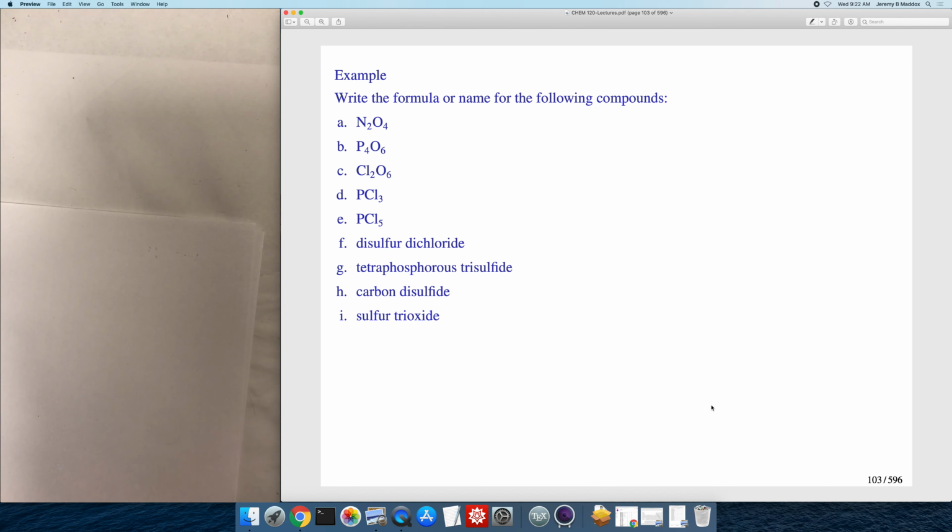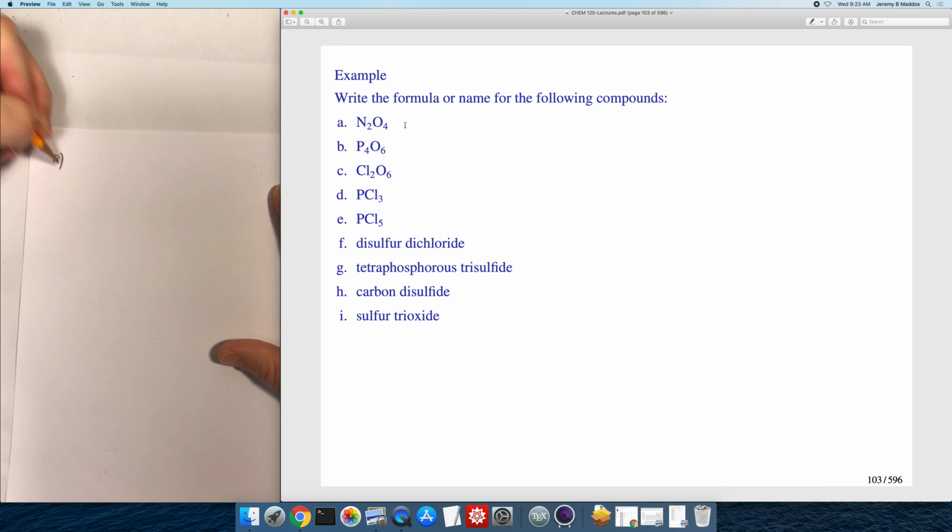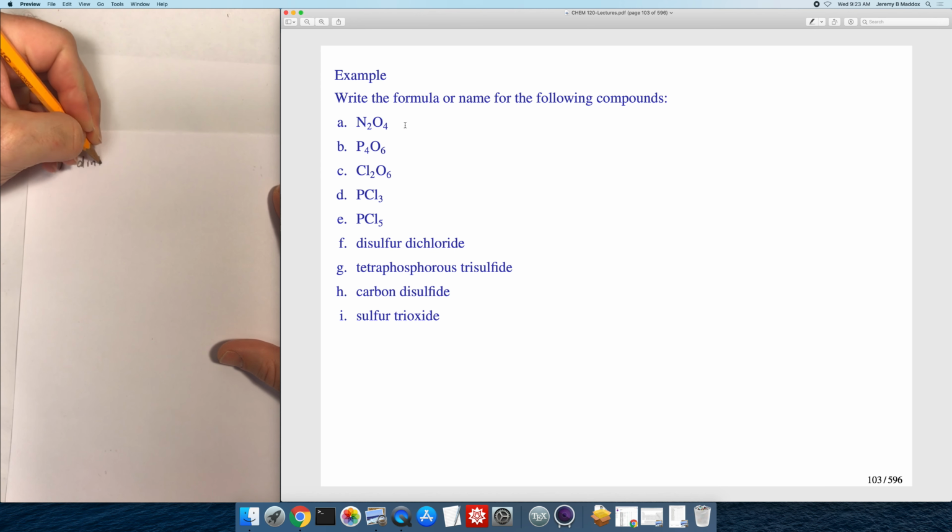So these are all molecular compounds, and the way you know that is that you see it's nonmetals with nonmetals. So you don't use your ionic compound rules, you use these molecular compound rules. So for this first one, N2O4, we have 2 nitrogens, and so that would be dinitrogen.